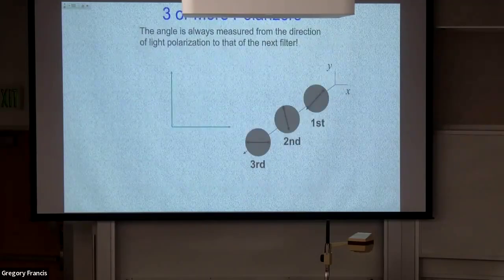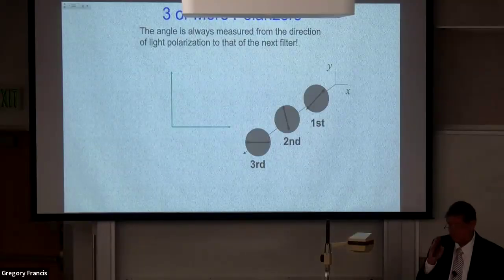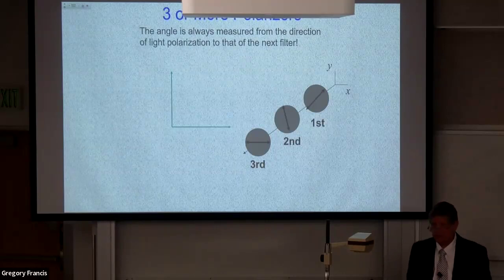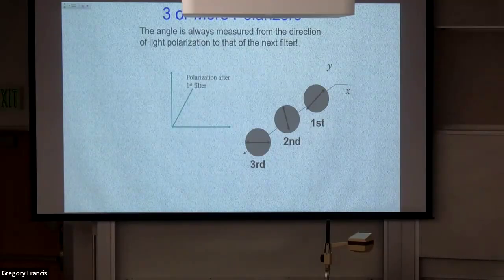Now, if you have more than two, if you have three or more, it's always the angle from the last polarizer that goes in the cosine squared rule. So if this is the polarization axis of the first filter, and then this is the second filter, the angle that I want is the angle that goes from one direction to the other.